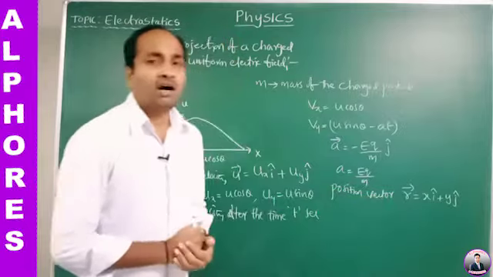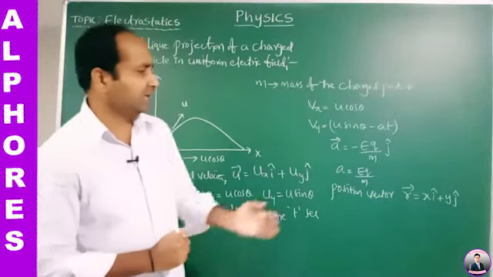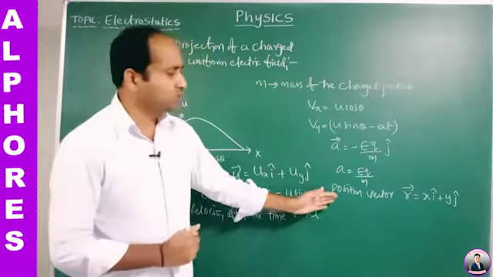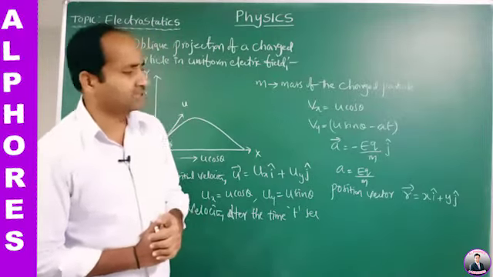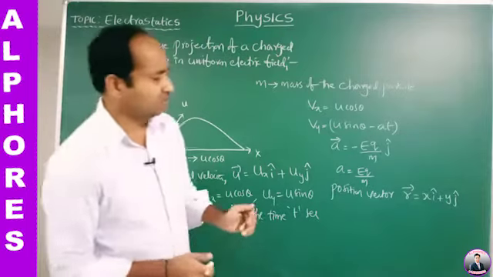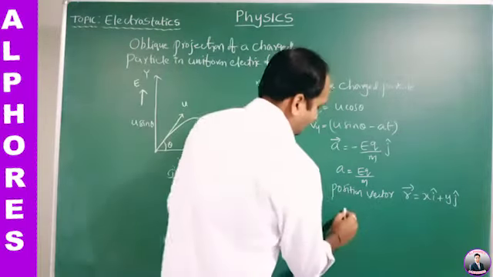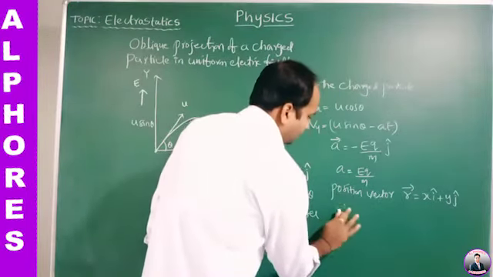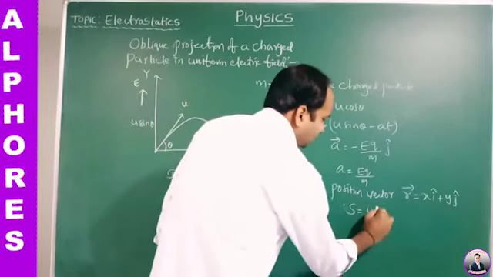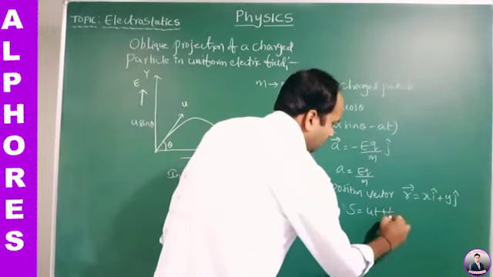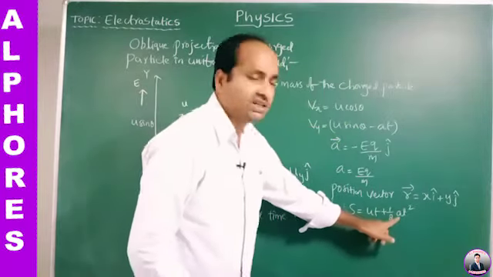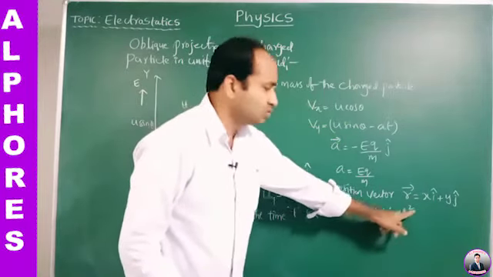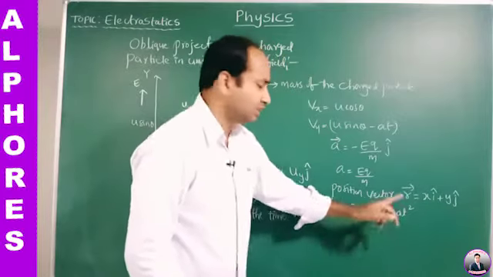Now what about the x value here? X will be the horizontal displacement. How can we calculate this x value? By using again the kinematic equation S is equal to ut plus half at square. Horizontal acceleration is 0, so 0 into something, this whole term becomes 0.